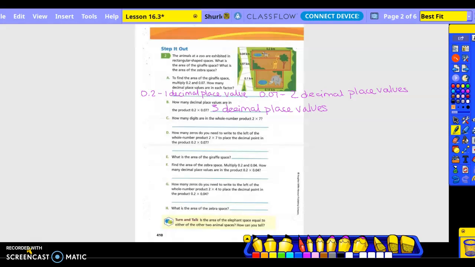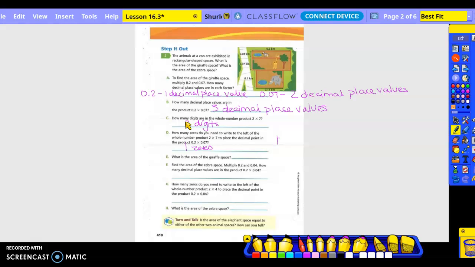So how many zeros are you going to have to add? 1, right? Because 2 times 7 is 14, which is only 2 digits, and we need 3. So we're going to add 1 zero. So what is the area of the giraffe space?